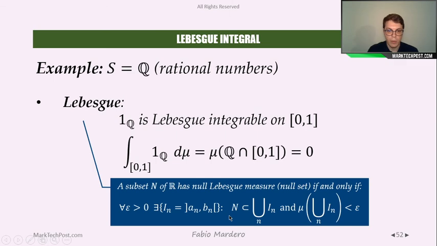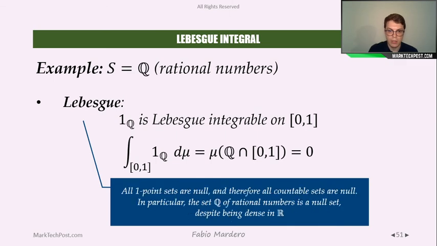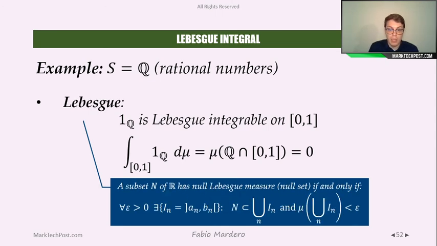For example, looking back to here, I said to you that the one-point sets are null sets, have measure 0. Why? Because I can always find you a collection of intervals.